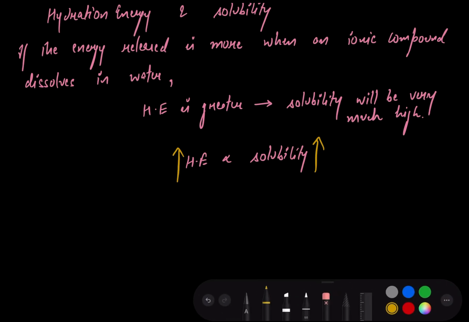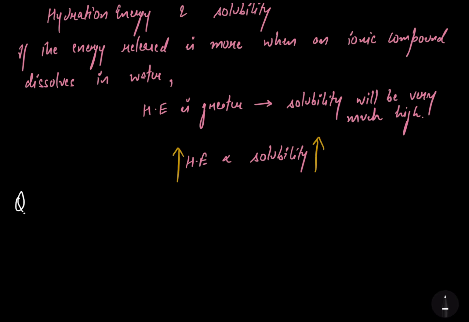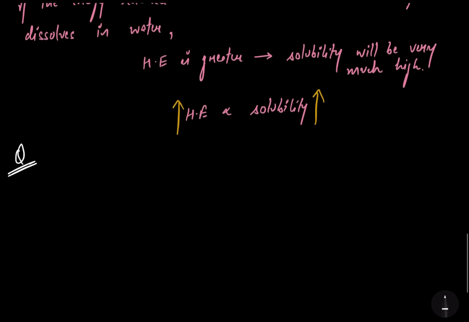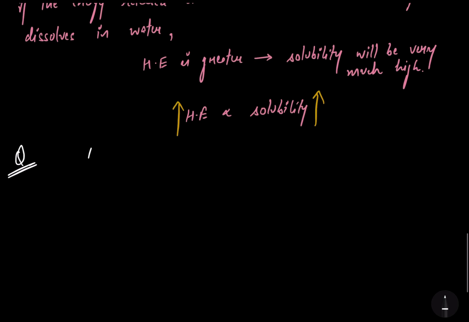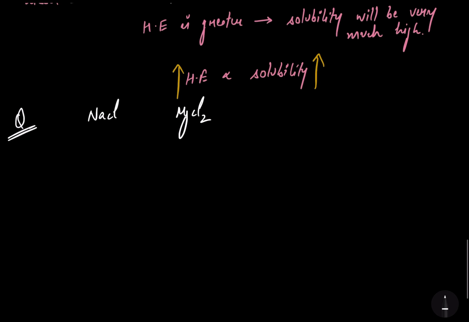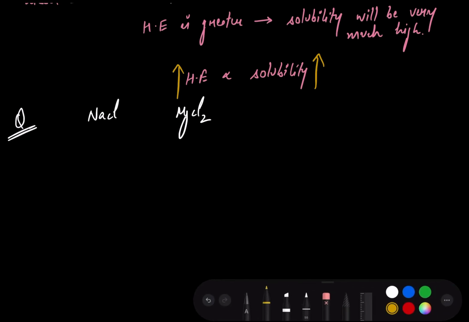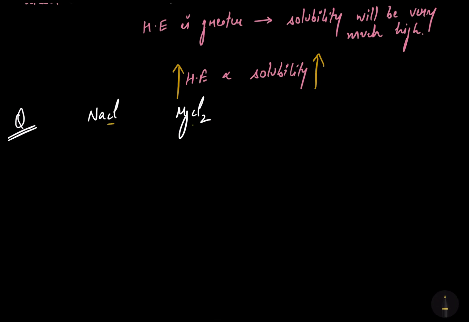So now let's take some examples. I'm taking it in a question form. We have two ionic compounds, NaCl and MgCl2. Let's discuss whose solubility will be greater, NaCl or MgCl2. Here, the chloride ions are common. Just leave them.